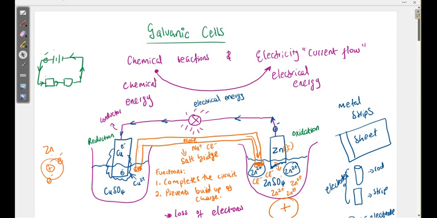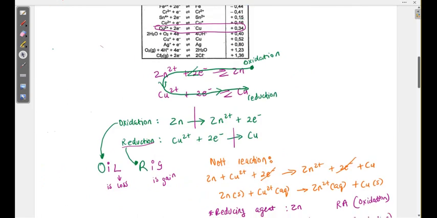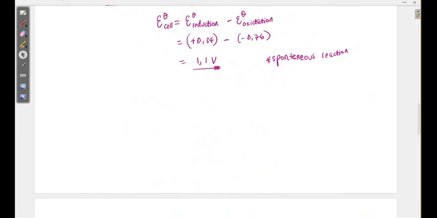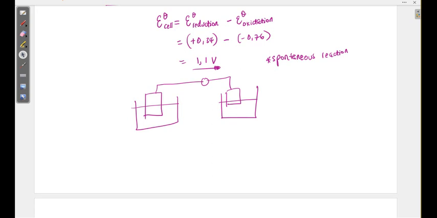Lastly, you must know about the cathode and the anode, because we have two electrodes. One should be the anode and the other the cathode.